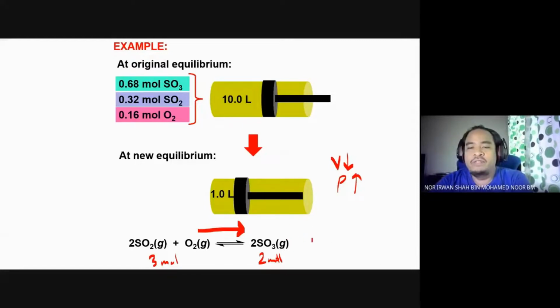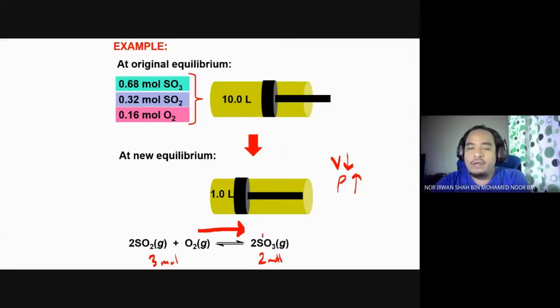The system will shift to the right, because on the right side there are 2 moles of gases, but on the left side there are 3 moles of gases. So the right side has fewer moles of gas compared to the left side.